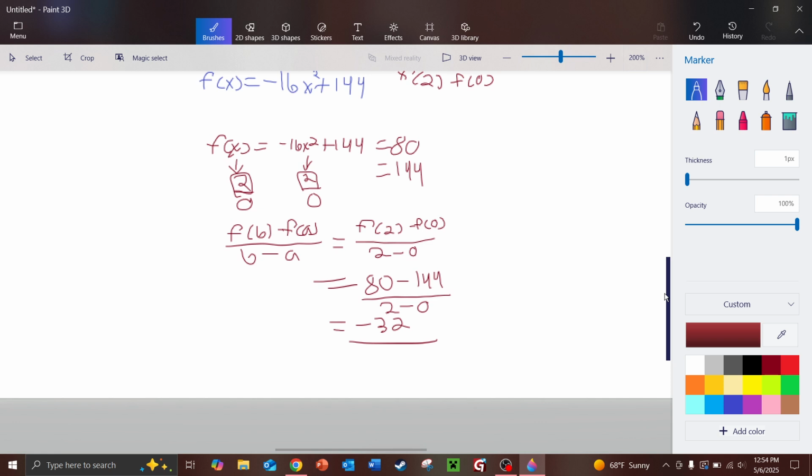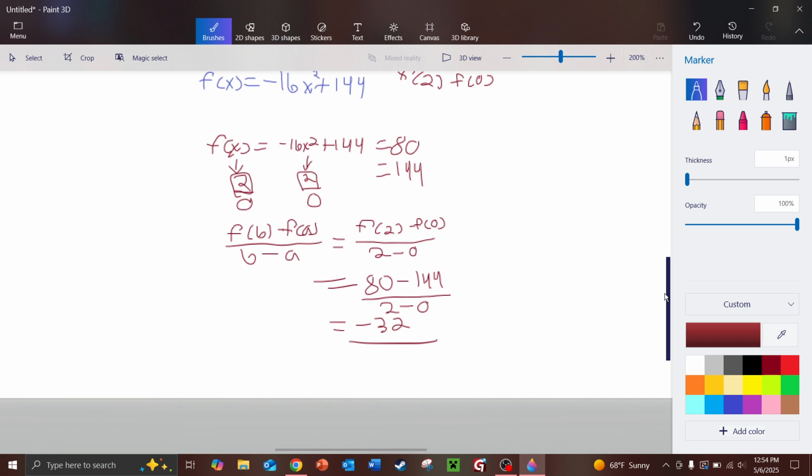The computation shows a value of negative 32. The negative is because the object is falling.